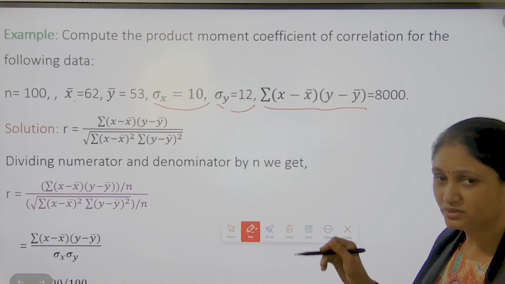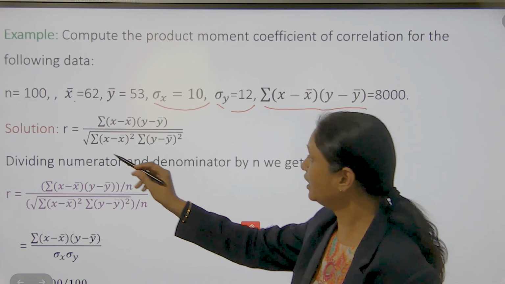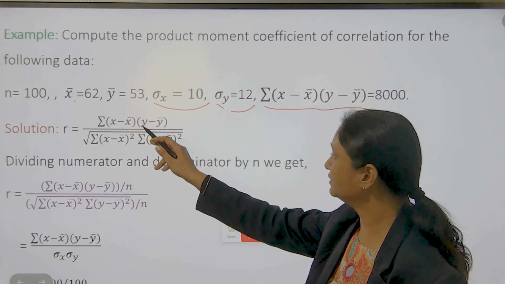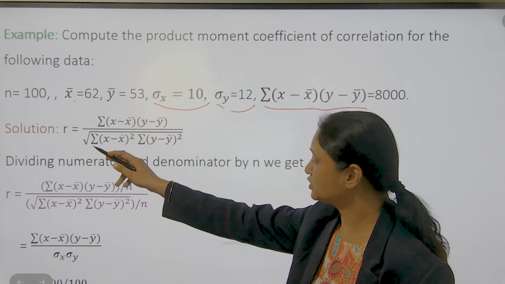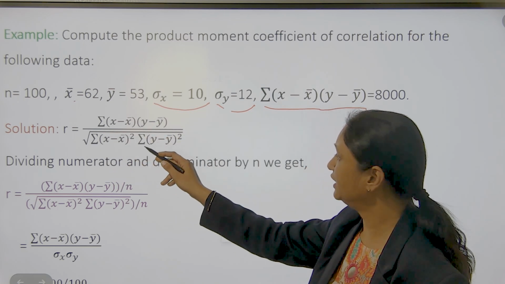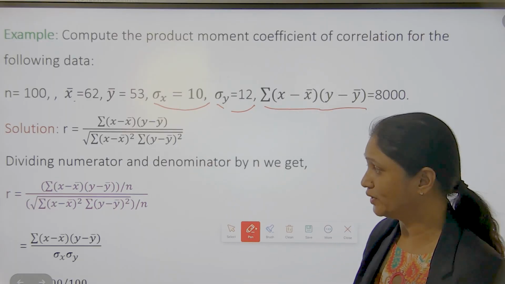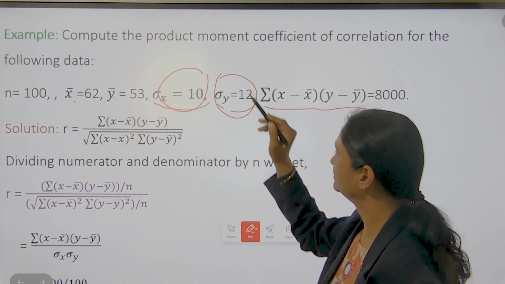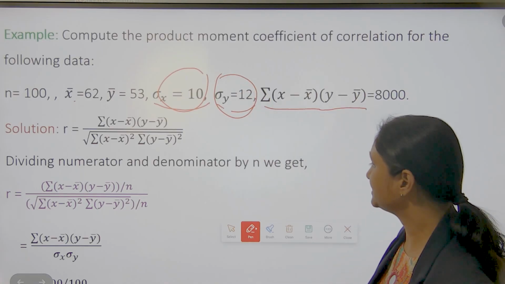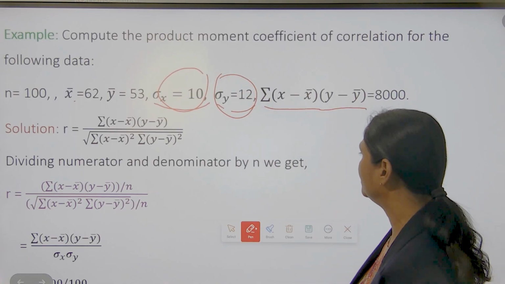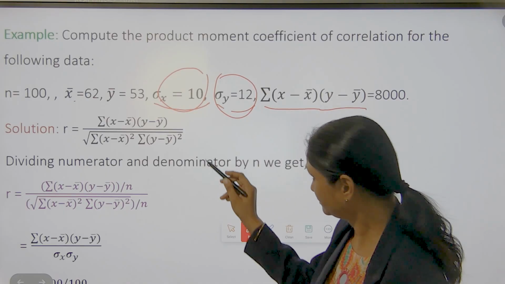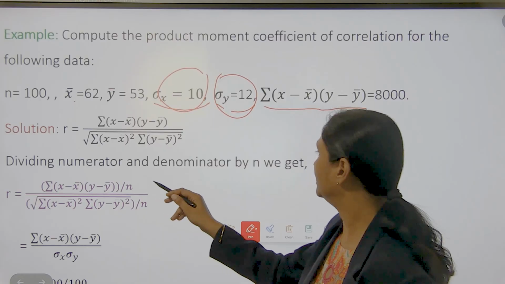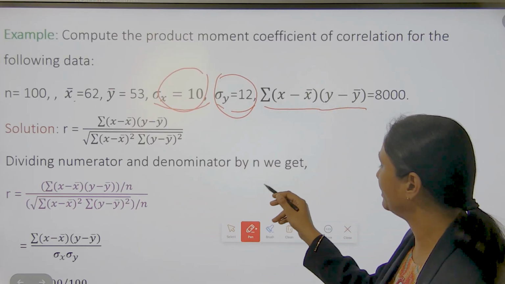So here we have to use a different formula. r is calculated by summation x minus x bar into y minus y bar upon square root of summation x minus x bar square into summation y minus y bar square. Now we have been given the values of sigma x and sigma y. To use sigma x and sigma y, we have to divide the numerator and denominator by n.